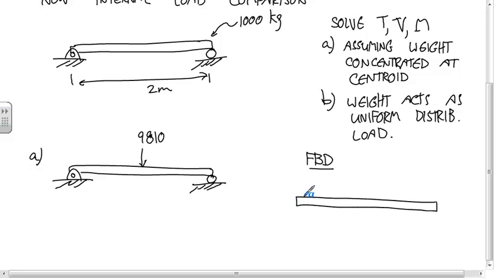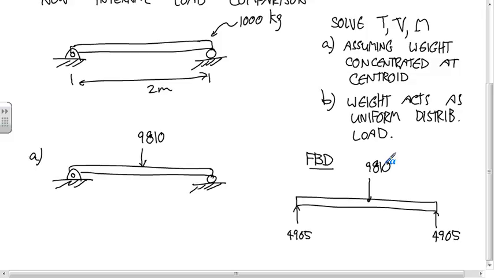So free body diagram of the whole thing, we know that we have a force of 4905 here, a force of 4905 here, and a downward force of 9810.